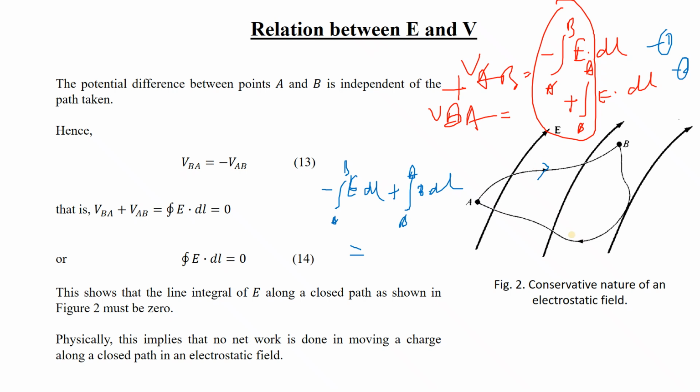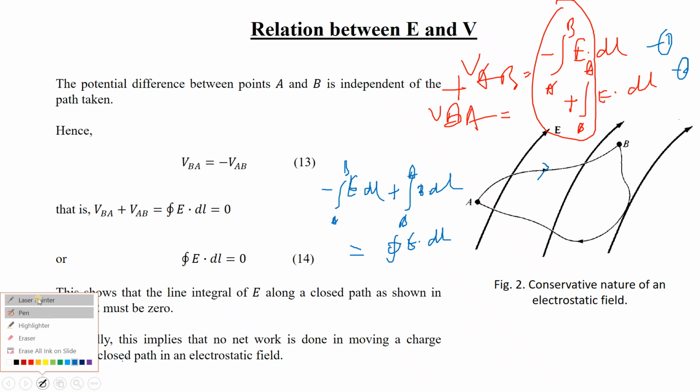That is basically traveling from A to B and B to A. So it is the closed line integral of E dot dl. It shows that the potential difference in a closed path is actually 0.